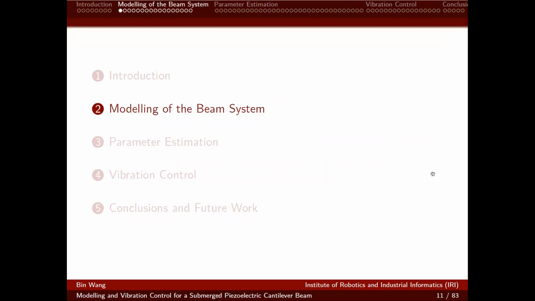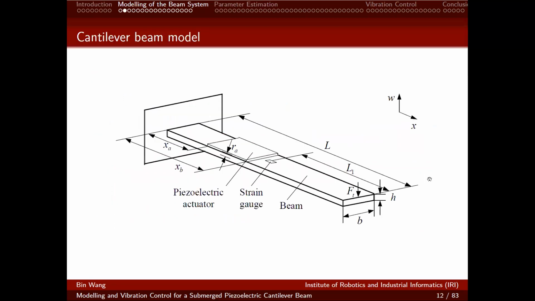So let's go to the modeling of the beam system. From this figure, we can see the cantilever beam model, the basic structure of the piezoelectric actuator and the strain gauge.